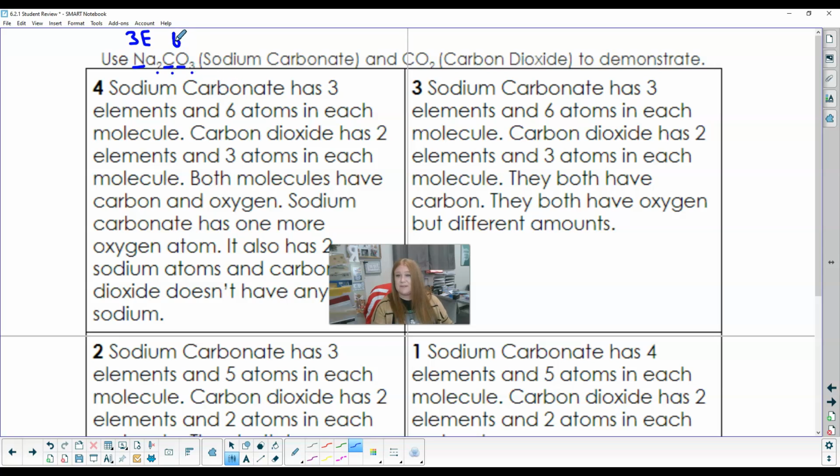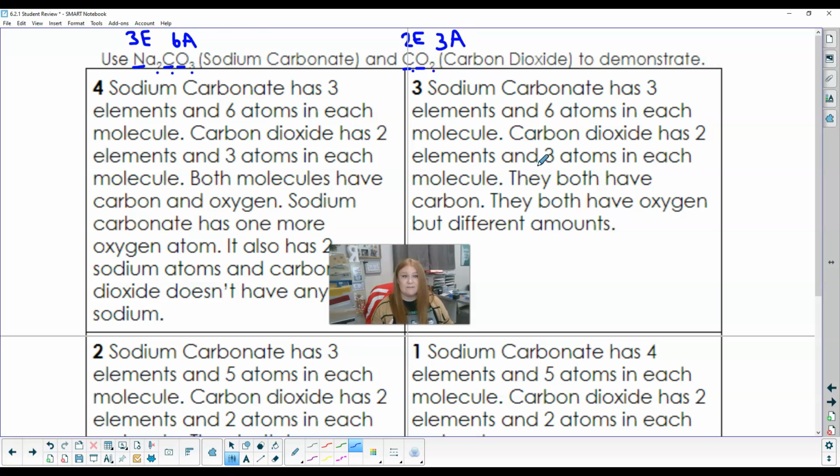So it is made up of 6 atoms. And then if I come to carbon dioxide, it has a C and an O that are capitalized. So those are each of its separate elements. So it has 2 elements that it is made up of. And the C has a 1 and the O has a 2 here. So we have 3 total atoms.